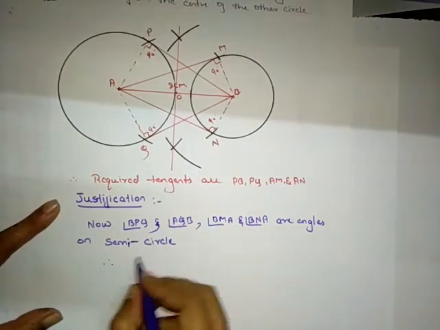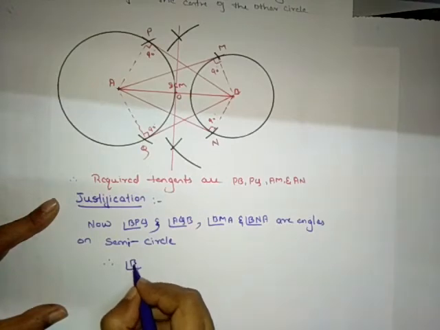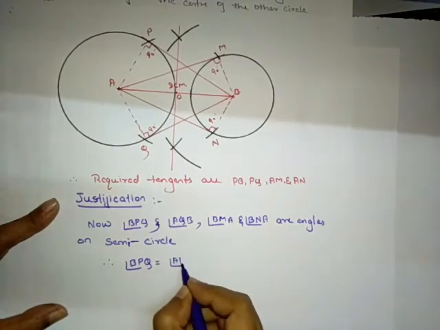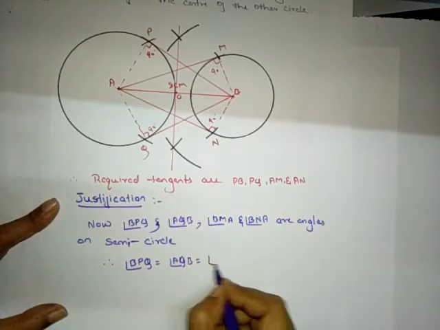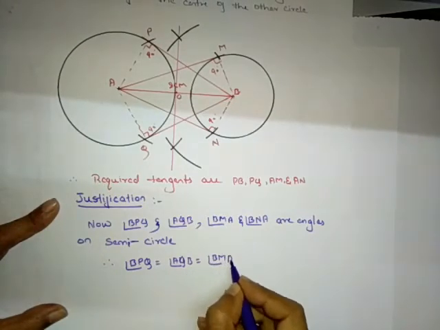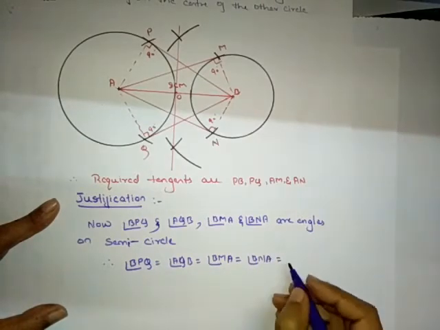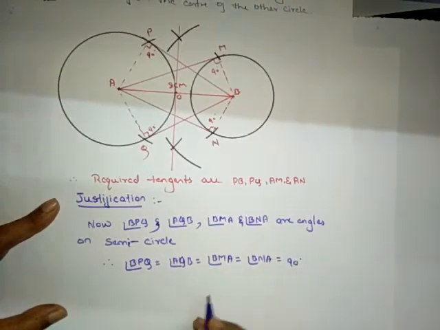Therefore, we'll write that angle BPA equals angle AQB equals angle BMA equals angle BNA. All these 4 angles are equal to 90 degrees, isn't it?